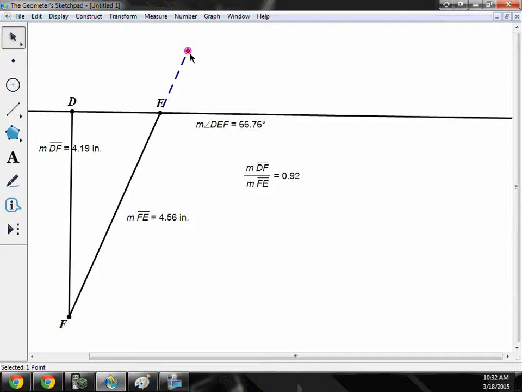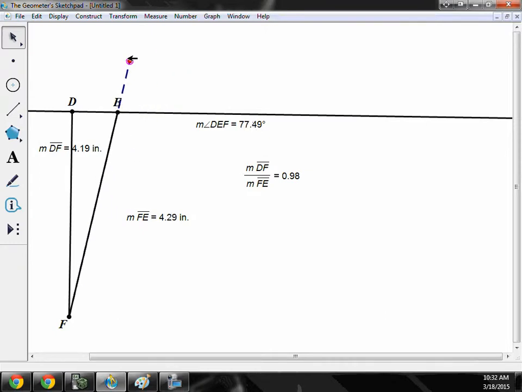Now, as that gets closer to 90 degrees, watch what happens to this measurement. That percentage is approaching what? 100%. And actually, if you get close enough, it rounds it up to 100, because once you get to 99.5, then it rounds it up, because it rounds to 2 decimal places.